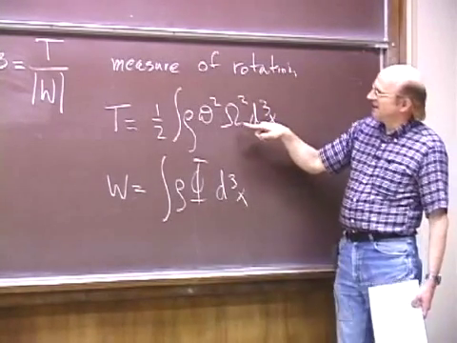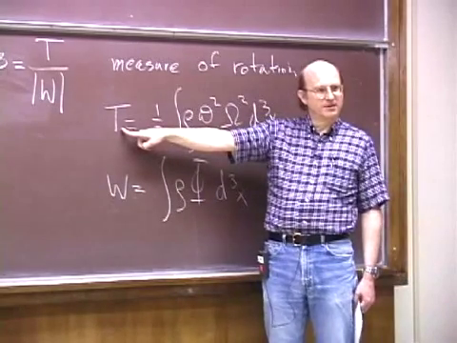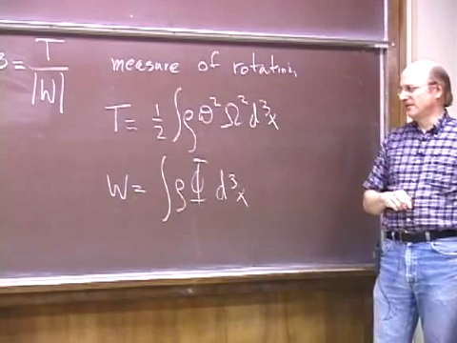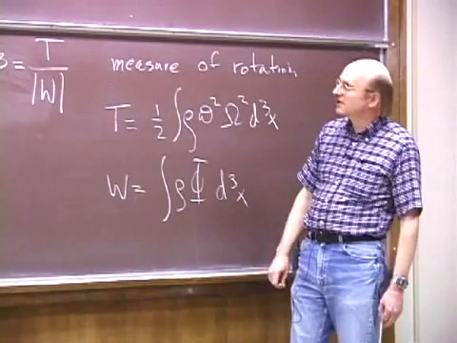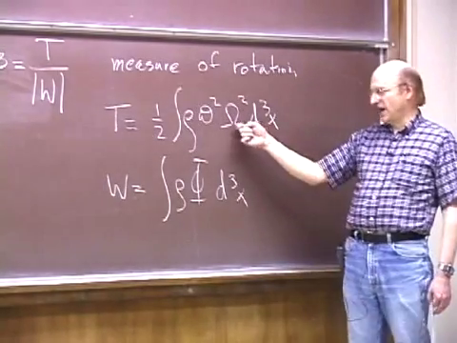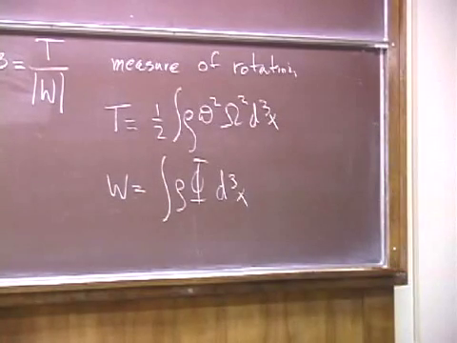And you can see that in the limit that the angular velocity goes to 0, the rotational kinetic energy goes to 0, the gravitational potential energy goes to some fixed value, so beta goes to 0 for non-rotating stars, and it gets bigger as the angular velocity increases, and therefore as the rotational kinetic energy increases.